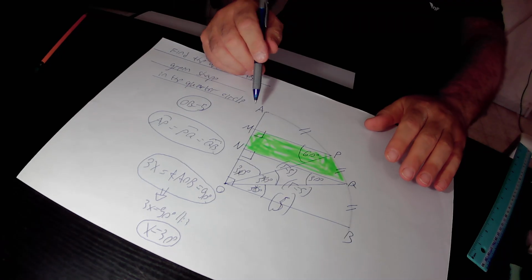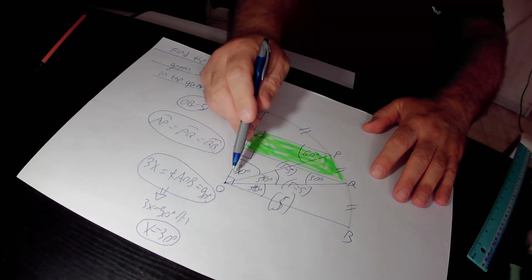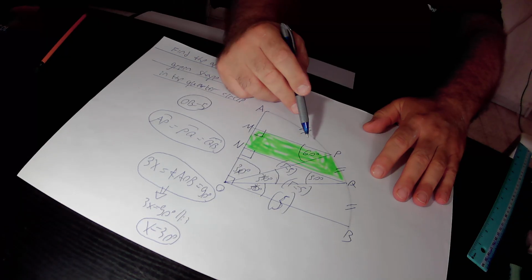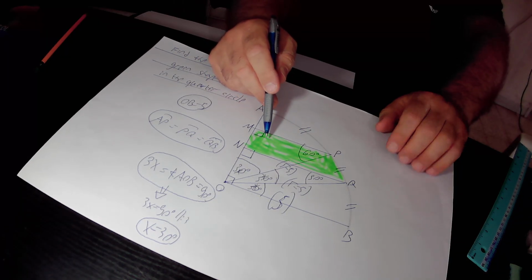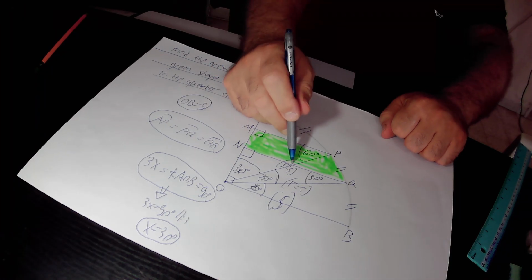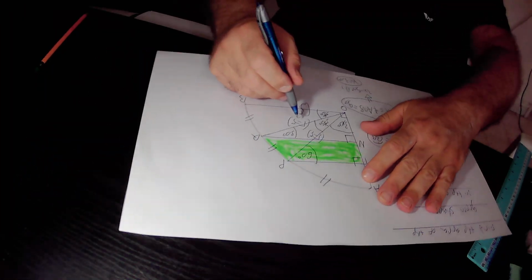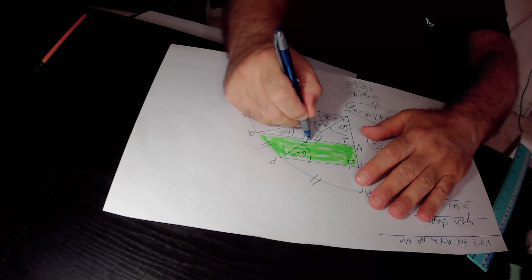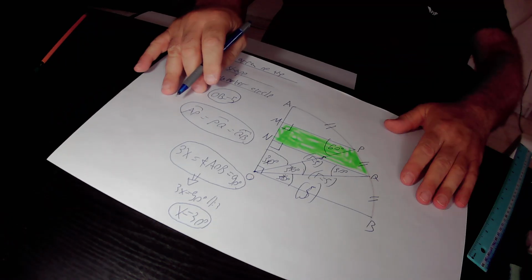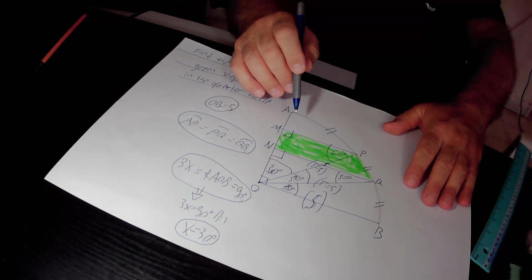Because of the fact that the right triangle MPO consists of two components. We define this point as point S. I repeat again, the right triangle MPO consists of two components.